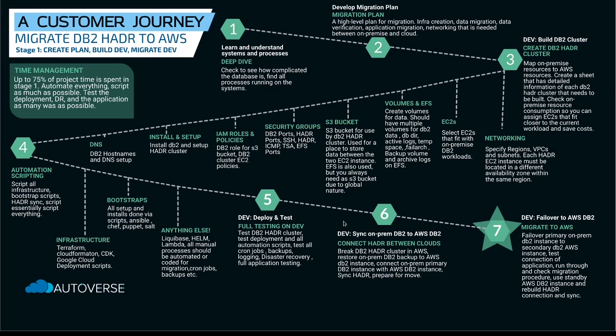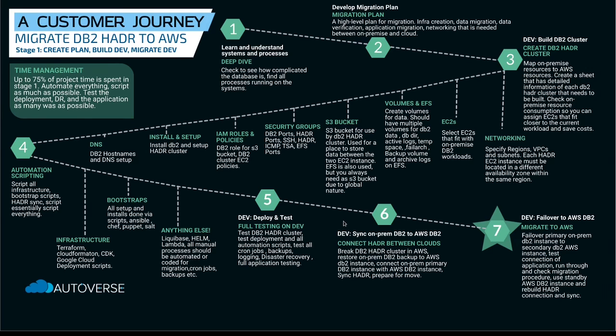You fail over DB2 to AWS, and the application team switches over, starts using your new primary DB2 server in AWS, and everything is working with your application, obviously, and it's time to sever all connection with on-premise, and to create a new HADR connection with the other DB2 instance that is already created within AWS.